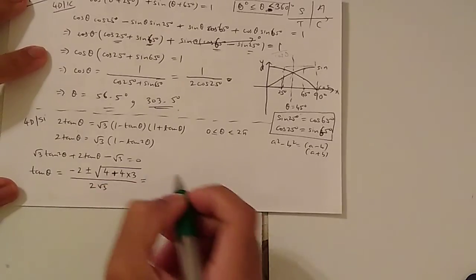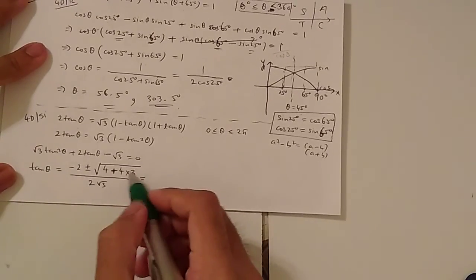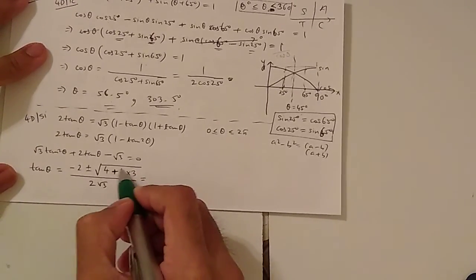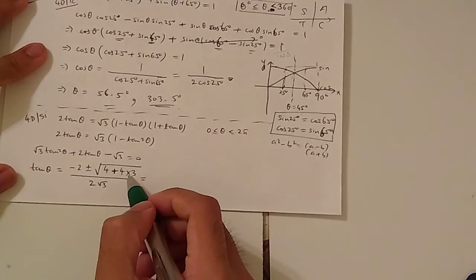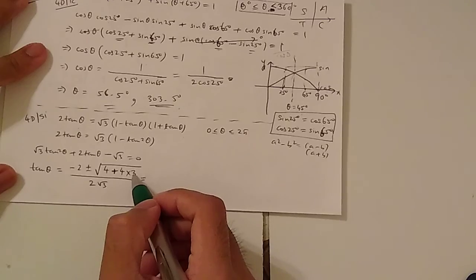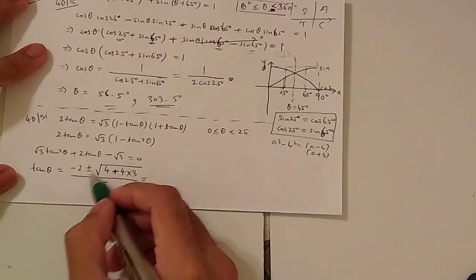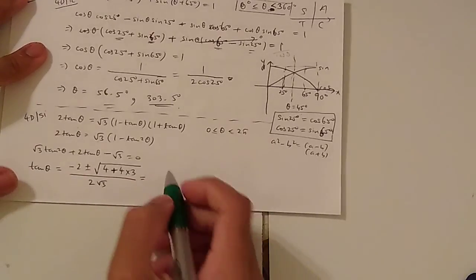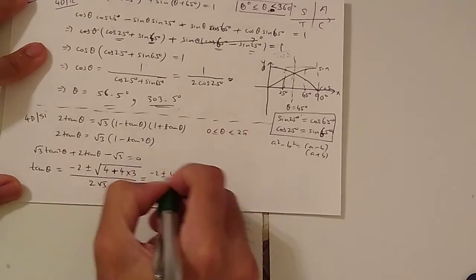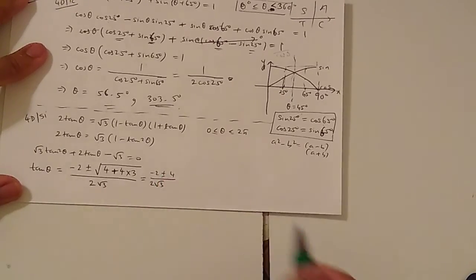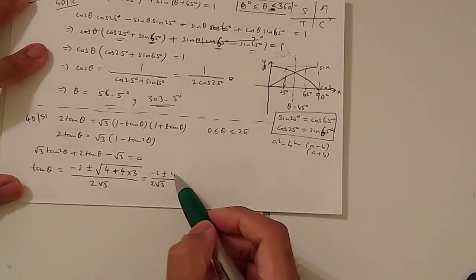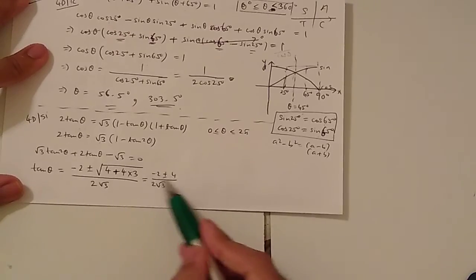Okay, in other words, this is equal to minus 2 plus minus, this is 4 plus 12, which is 16. 16 root is going to give us 4. So minus 2 plus minus 4 divided by 2 root 3. Okay, we have 2 in the denominator. You can factor 2 from the numerator.